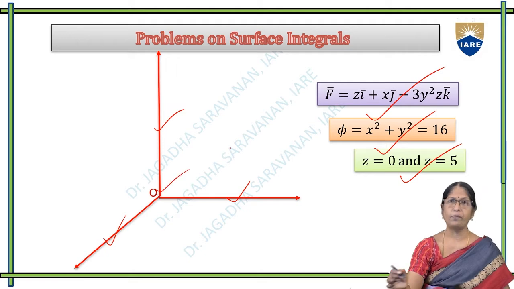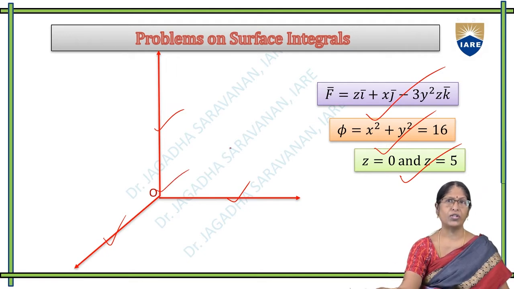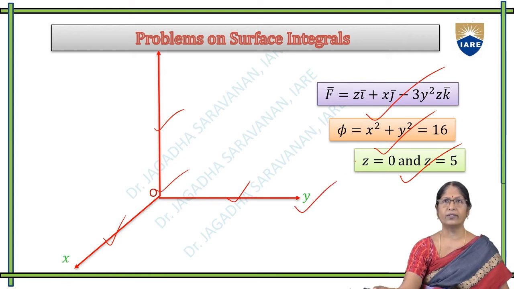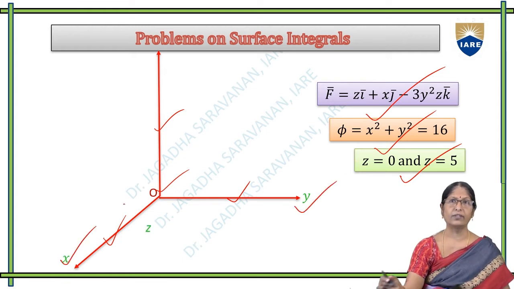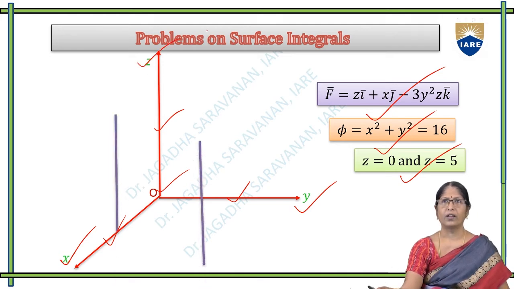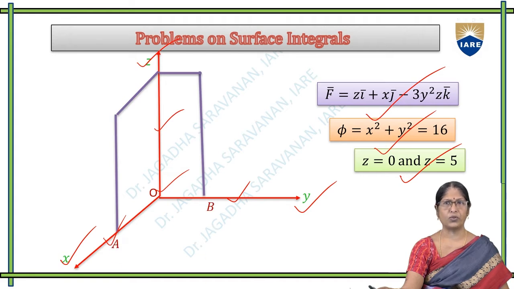It is named with the origin O. The coordinates: this is the y-axis, here the x-axis, and here the z-axis. So we can see the curved surface, actually the cylinder, which is drawn here.